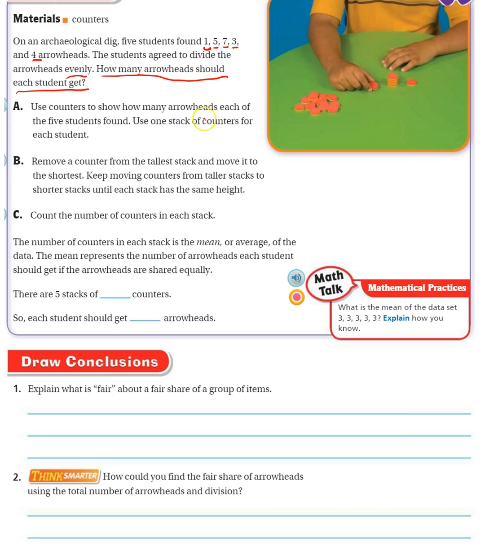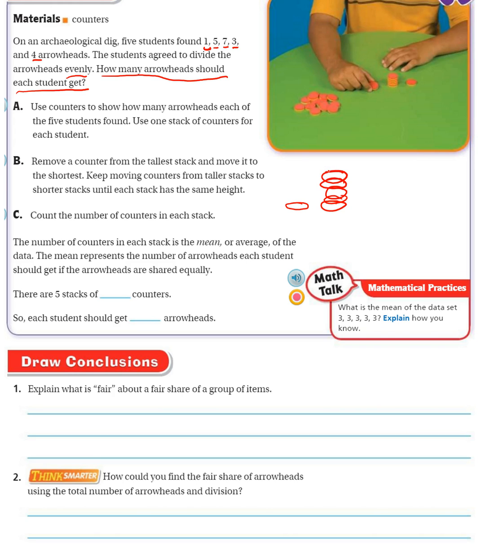Use counters to show how many arrowheads each of the 5 students found. Use one stack of counters for each student. Okay, so the first student found 1. The second student found 5. 1, 2, 3, 4, 5. So it's harder to draw these things than to actually stack them up.